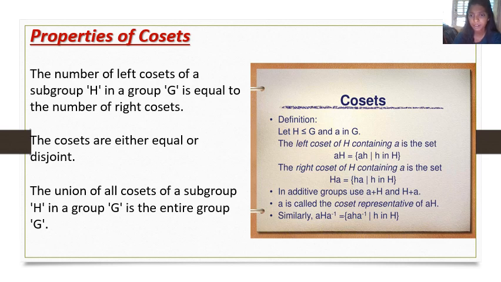The next is the right coset of H containing a, the set Ha = {ha | h ∈ H}. In additive groups, use a + H and H + a. a is called the coset representative of aH. Similarly, aHa^-1 = {aha^-1 | h ∈ H}. So these are the properties of cosets.